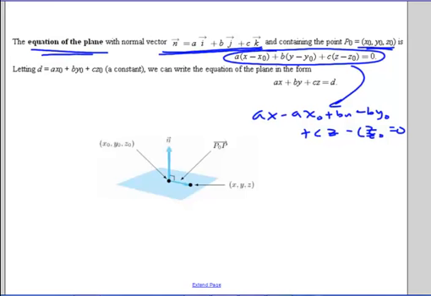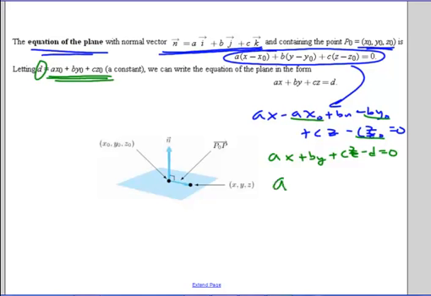And then we're going to say, let ax naught plus by naught plus cz naught equal d. So in other words, this and this and this, the sum of those equals d. So we get ax plus by plus cz minus d equals 0.